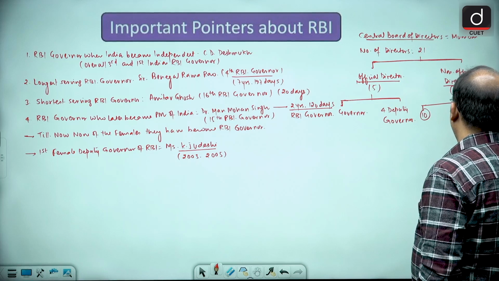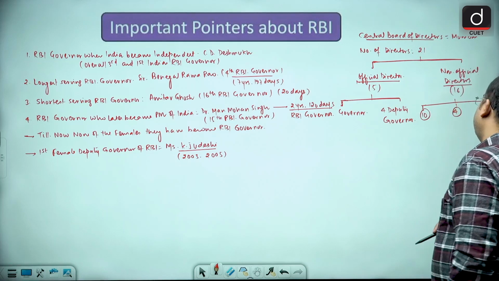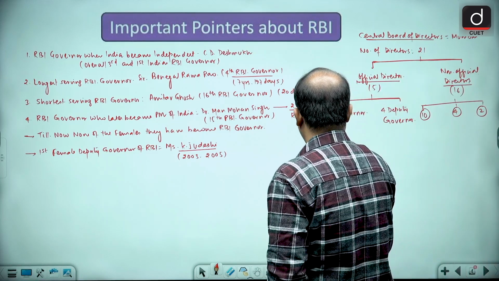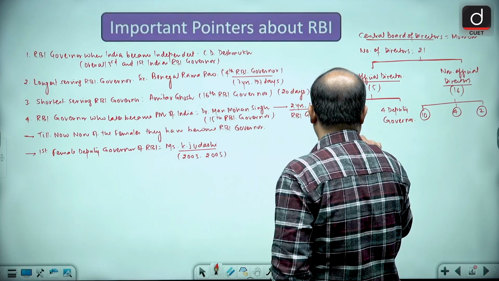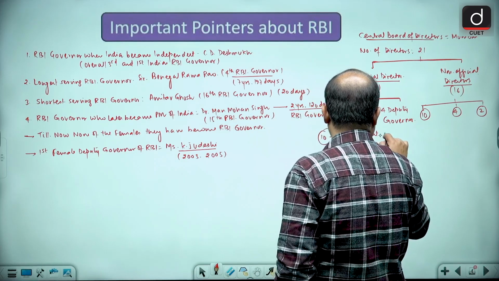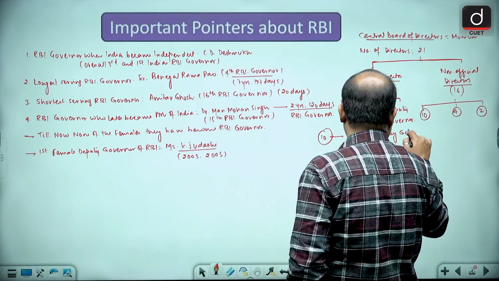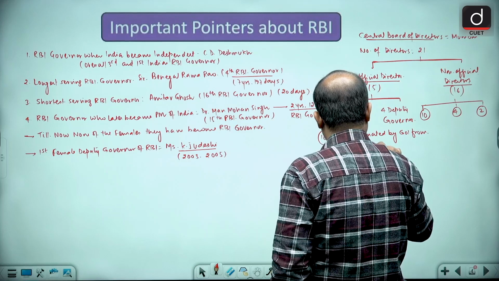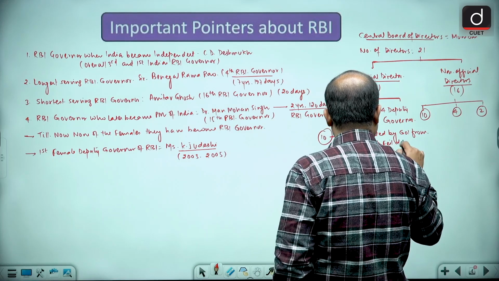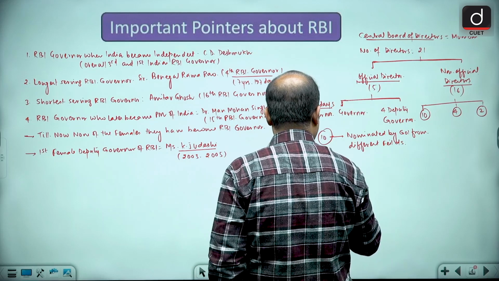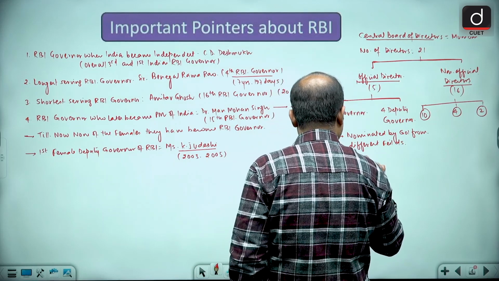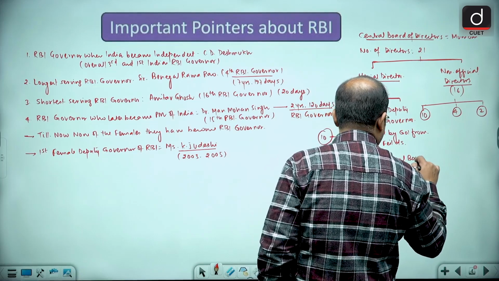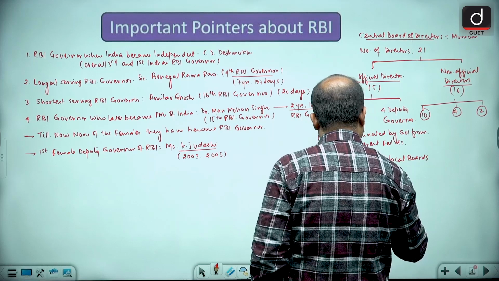And non-official directors: 10 plus 4 plus 2. The 10 are nominated by the Government of India from different fields. 4 are the directors of the 4 local boards of RBI.